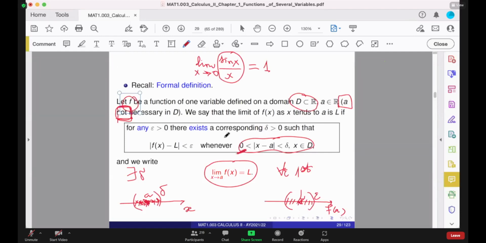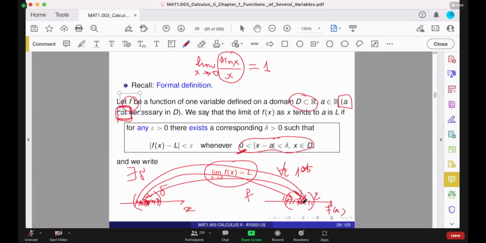A may not be in D, then all points from this neighborhood intersected with D are mapped under f to this epsilon neighborhood.